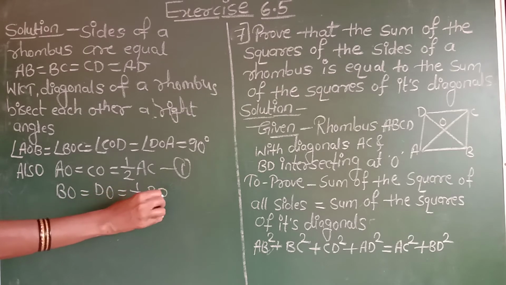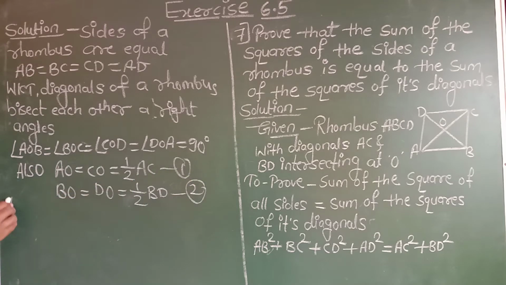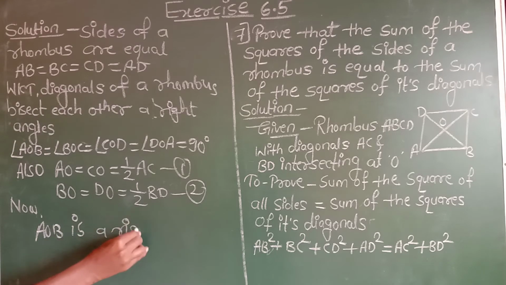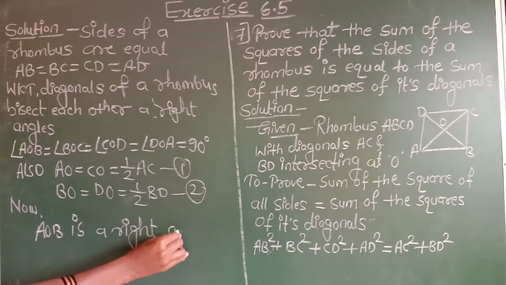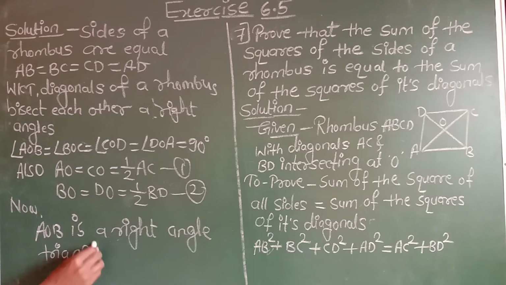Now, triangle AOB is a right angle triangle.